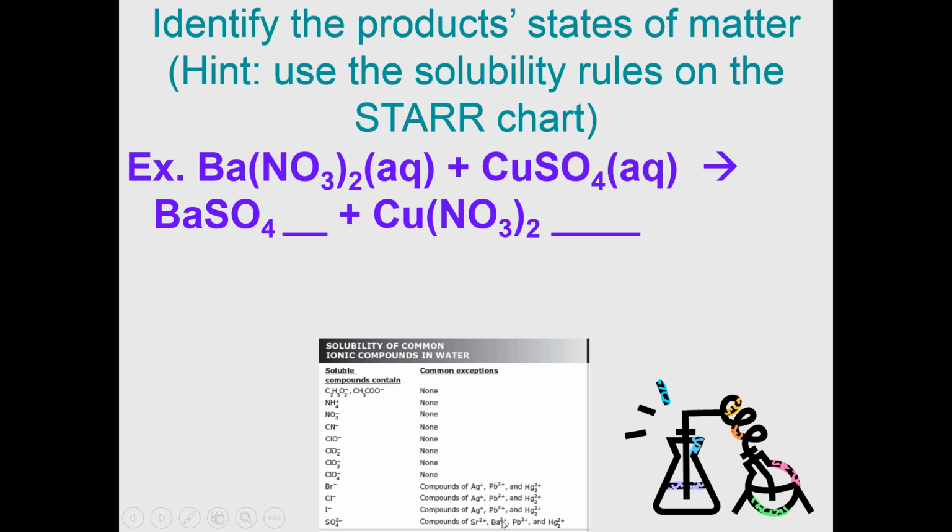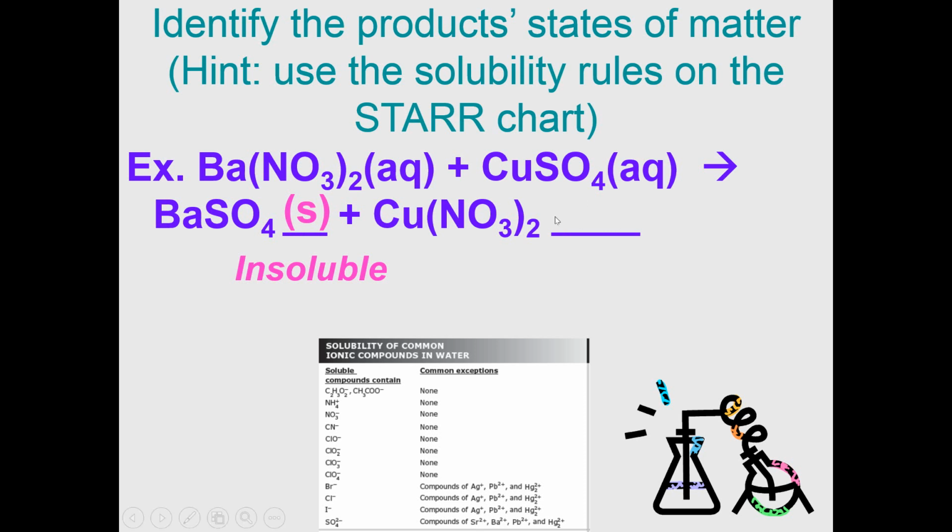Since barium is listed as an exception, this barium sulfate compound is not going to be soluble. It's actually going to be the complete opposite, insoluble. And so we would assign the state of matter as an S, because S indicates it's a solid, it will not dissolve in water.